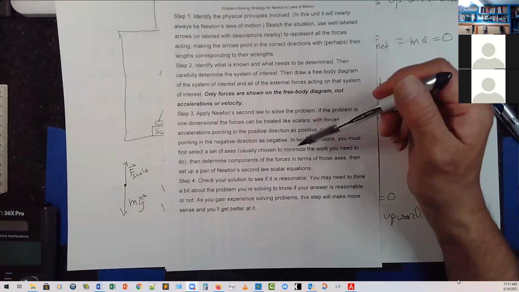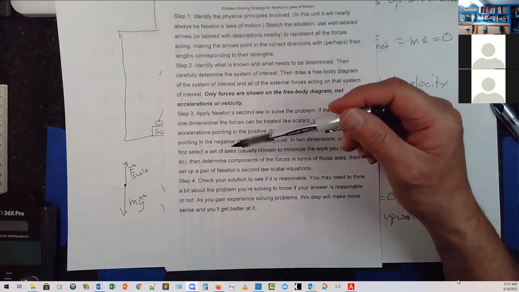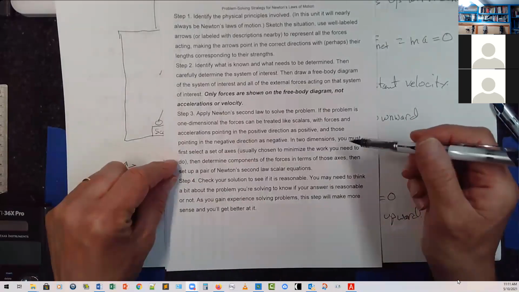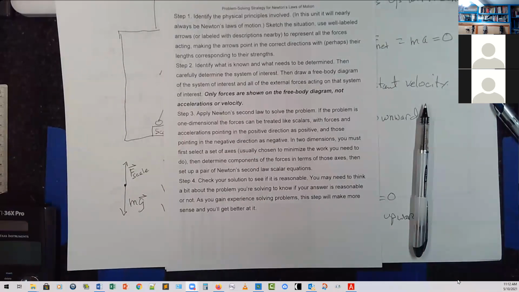In 2 dimensions, we need to select a set of axes. That's an XY coordinate system. And we usually choose those axes to minimize the work we have to do. So I am nothing if not lazy. I'll usually look for an easy way to solve the problem, although I don't always find the easiest way.